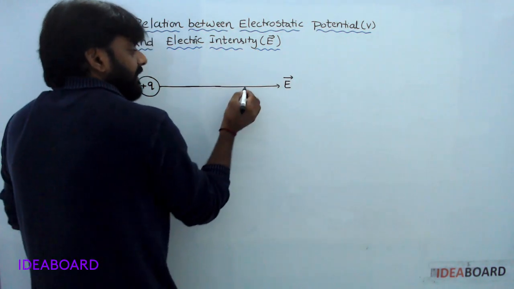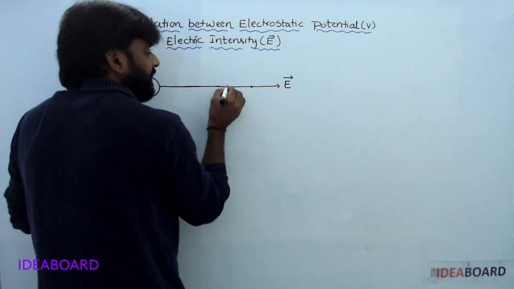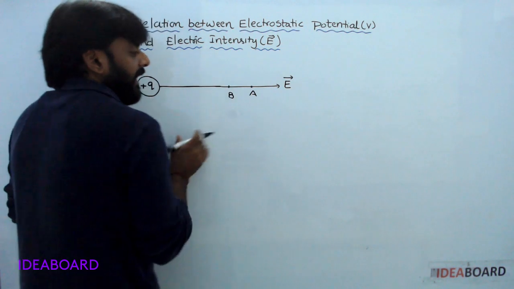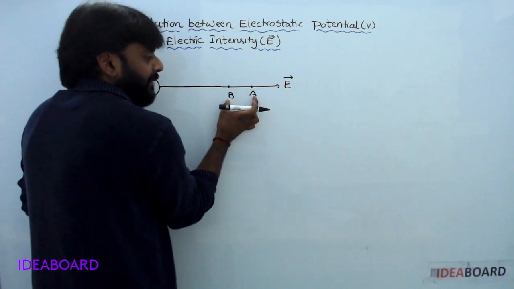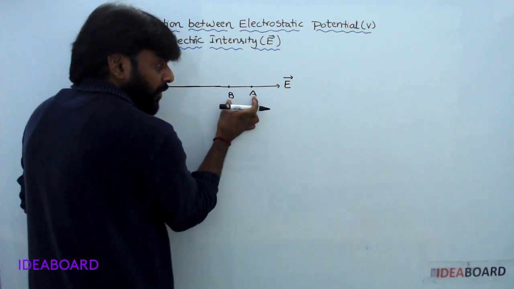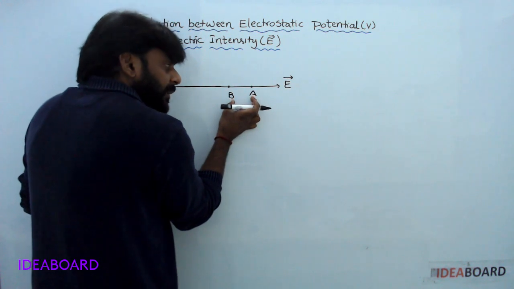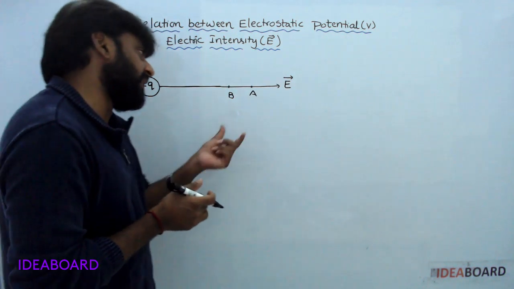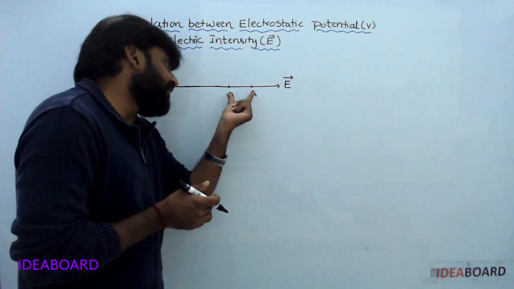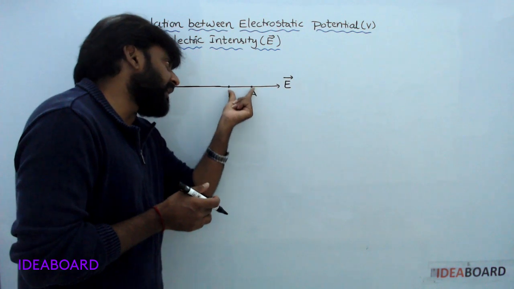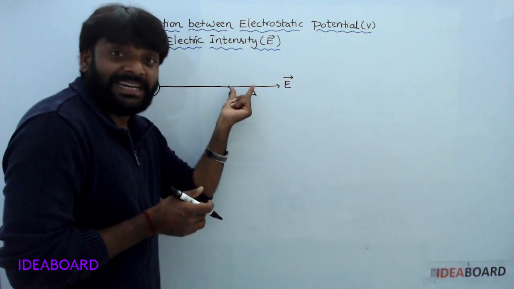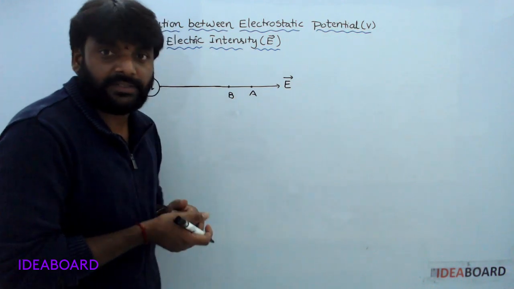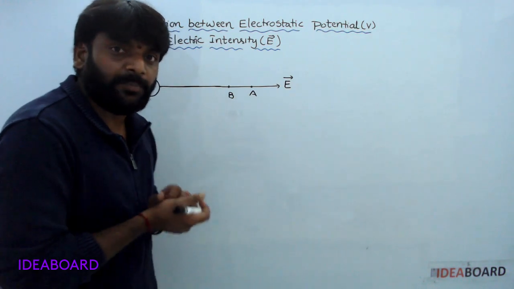So in this field region, consider 2 points A and B. Here A and B are adjacent points and the separating distance is very small. That means the electric field intensity is approximately the same, because these two points are very near.